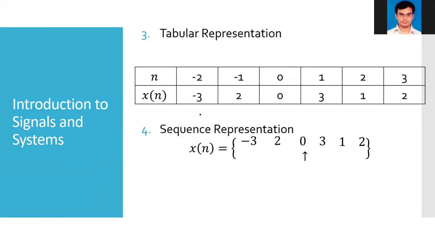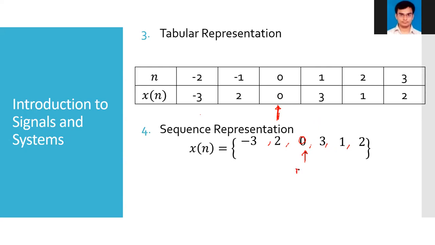And the fourth one is the sequence representation. Same function, same signal, but represented in different ways, right? Sequence representation means we write these values. Of course, you need to put a comma in between. So we write the values of the function, and at the 0 instant, we put an arrow which indicates upwards.